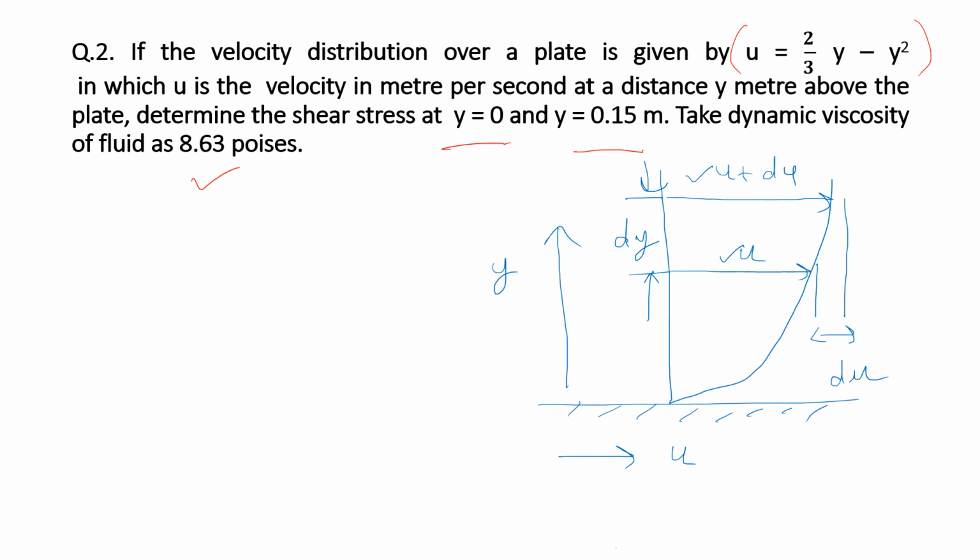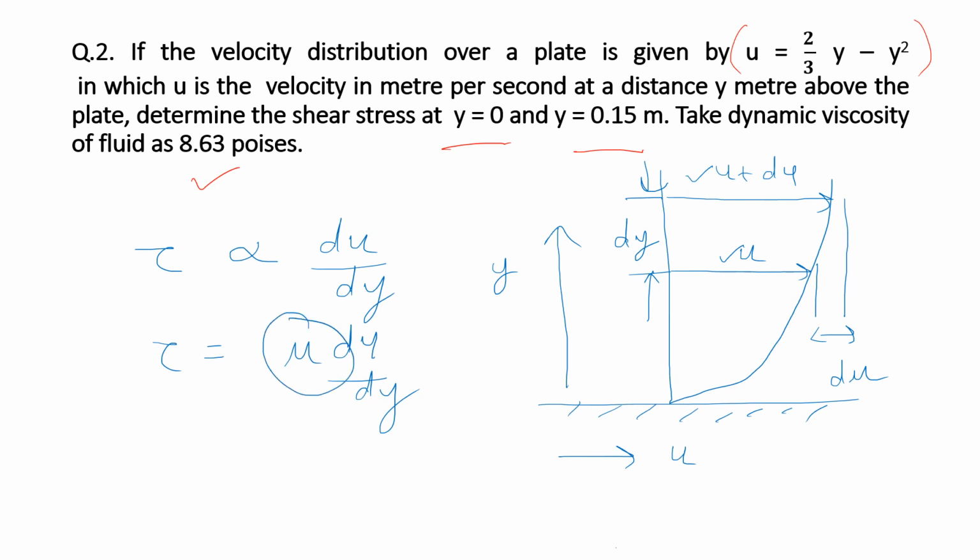According to Newton's law of viscosity, we say that shear stress is directly proportional to the ratio of du to dy. So we write it as mu du over dy. Here mu is our coefficient of dynamic viscosity whose value is given as 8.63 poises, right?